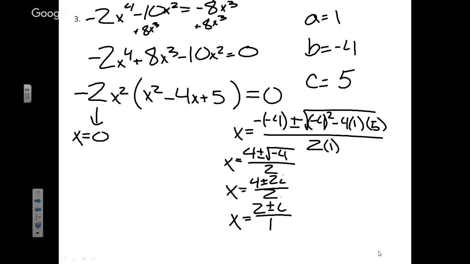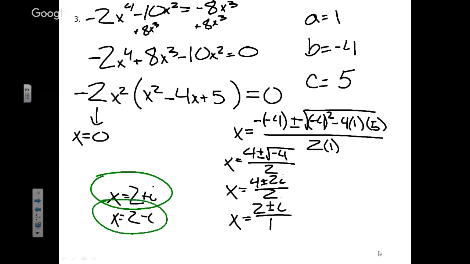And when we split that up, what's our two solutions going to be? Yeah, so x equals 2 plus i, and x equals 2 minus i. So then we have our three solutions being x equals 2 plus i, 2 minus i, and x equals 0. You guys have any questions about that one?